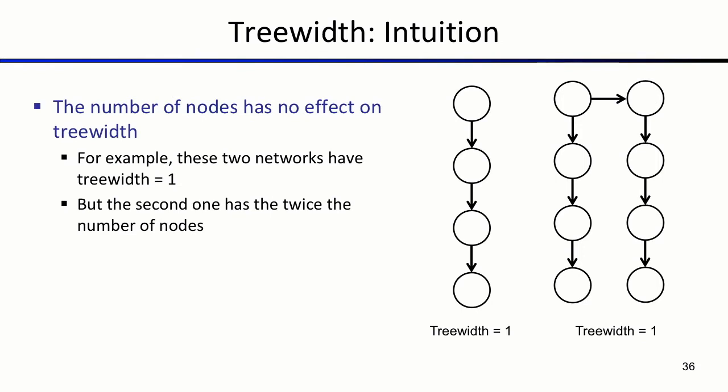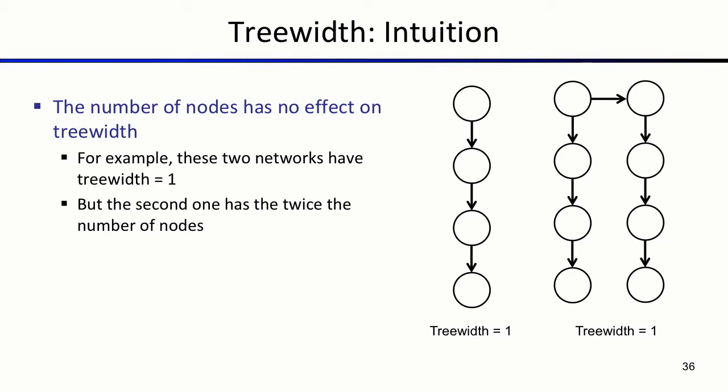Here is a first, non-obvious observation: the number of nodes that we have in a network has no effect on the tree width. We expect that larger networks will be more complicated for making inference. That's a general intuition that we have. It tends to be true because larger networks tend to have more connections and possibly nodes with more parents, but that's not always the case.